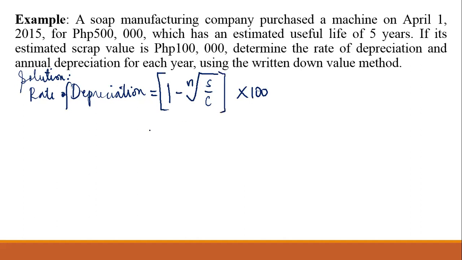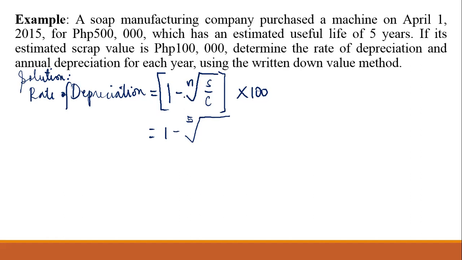Alright, so this is equal now to 1 minus the 5th root. 5 yung N natin, yan yung, ano yung N ulit? Yung estimated useful life, okay? Yung estimated life in years nung binili ng soap manufacturing company na machine.